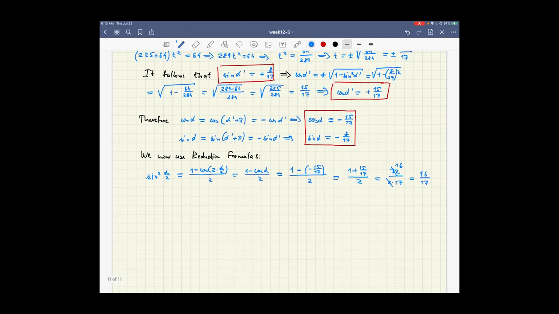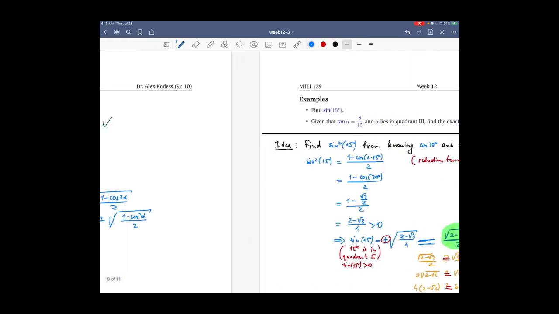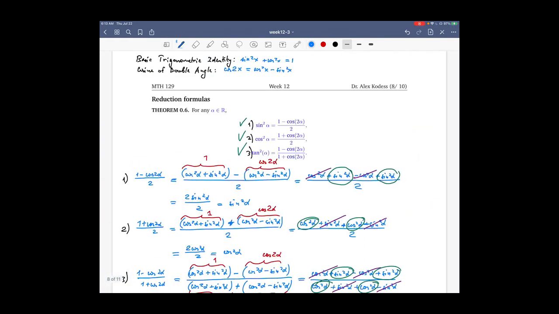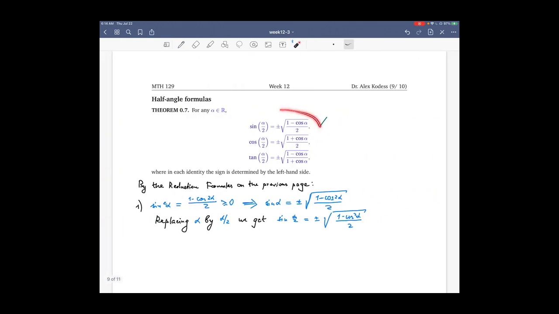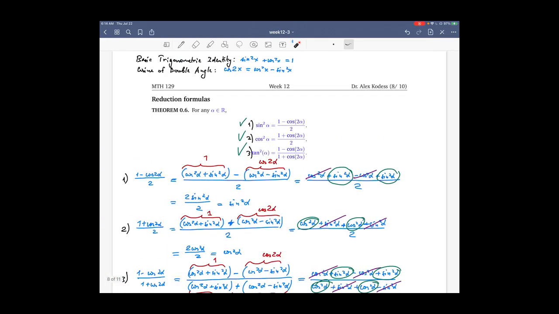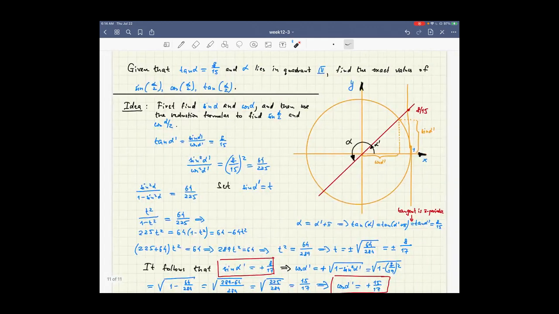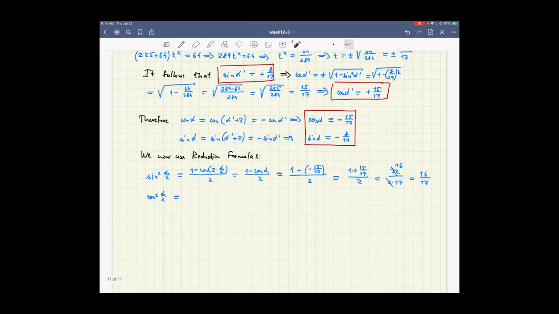And the same work for cosine squared alpha over 2. By the reduction formula, so the formulas we are using are these ones. We could have used these formulas, but they're pretty much the same as these ones. So these two formulas is what I'm using. So we get 1 plus cosine of twice alpha over 2, over 2.